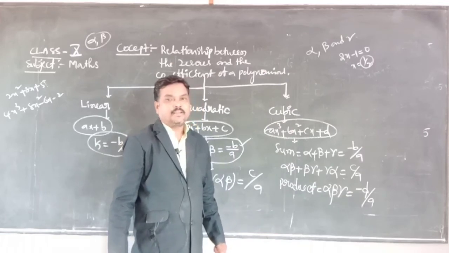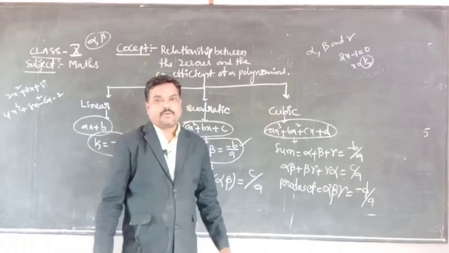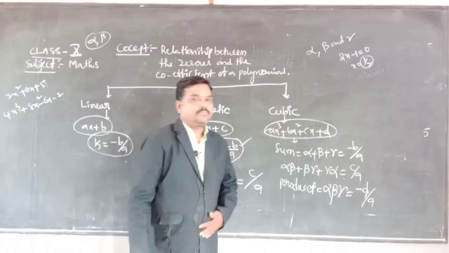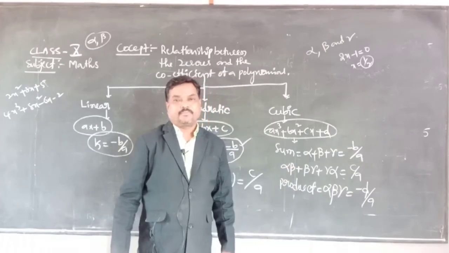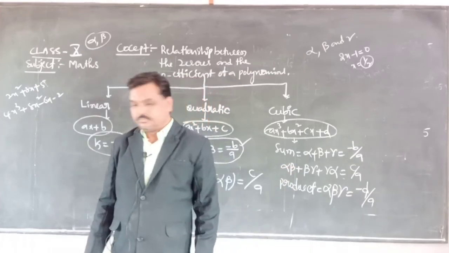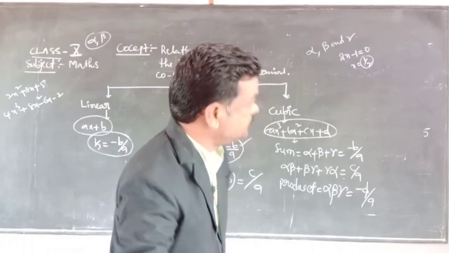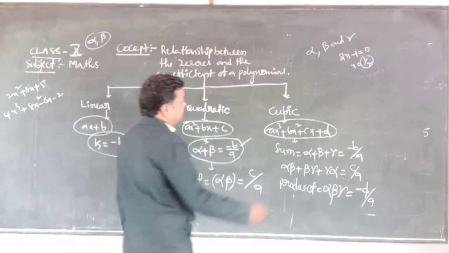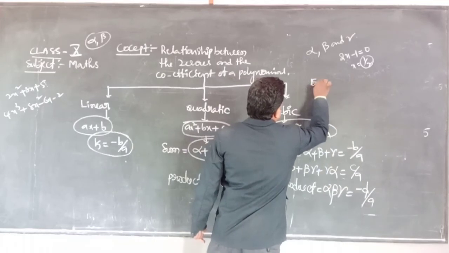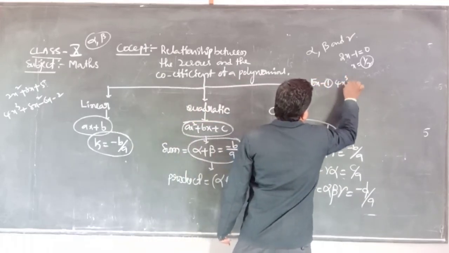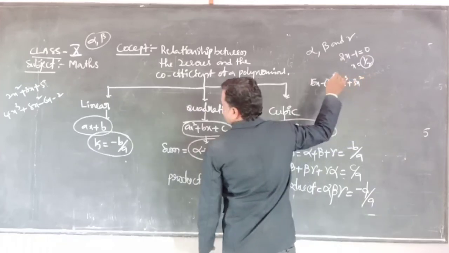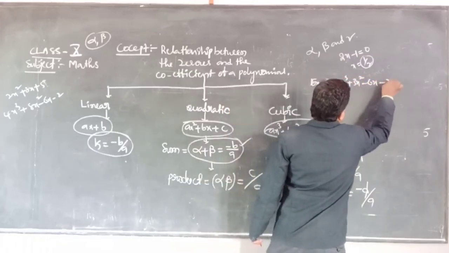The product of the zeros of a cubic polynomial is minus d by a. Now I am going to take one example, to find the sum and the product, and the two zeros taken at a time in the products. Here's one example: 4x cube plus 3x square minus 6x minus 2.